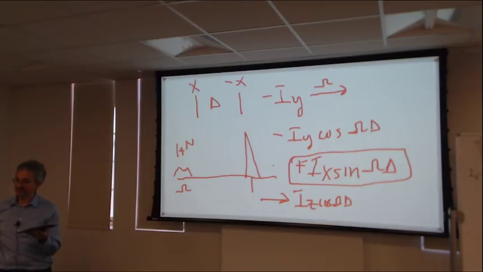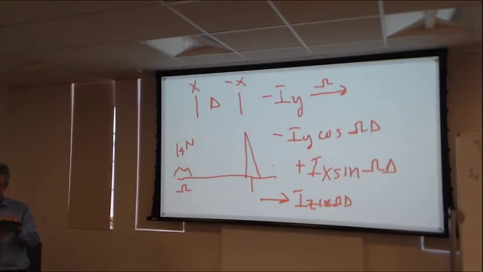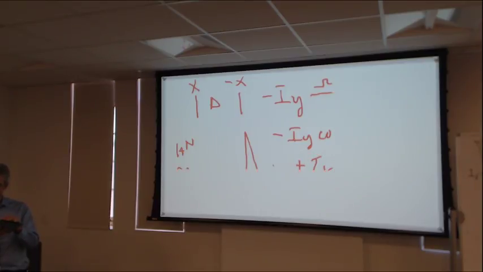How should I set delta? What do I want the product omega delta to be equal to? Pi over 2. So I set omega delta equal to pi over 2.